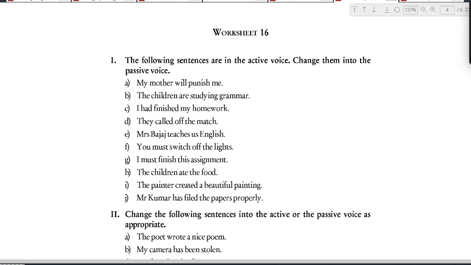Mr. Kumar has filed the papers properly. The papers have been filed by Mr. Kumar. Why being?